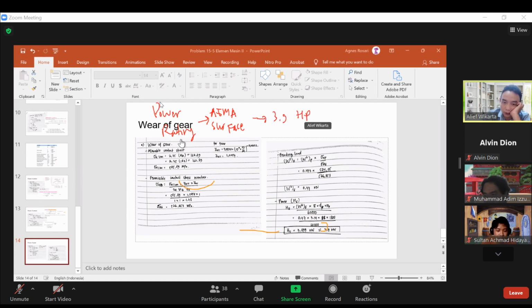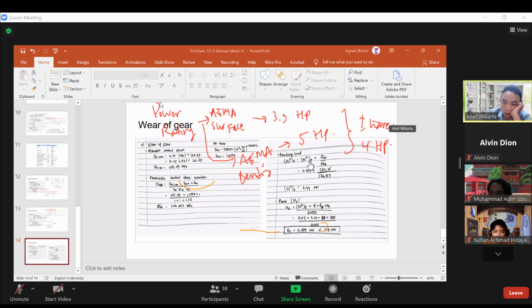For example, from AGMA bending, 5 horsepower. Now I need 4 horsepower.